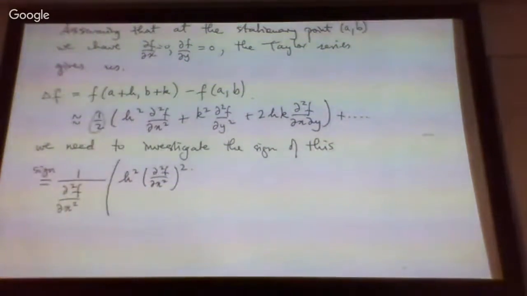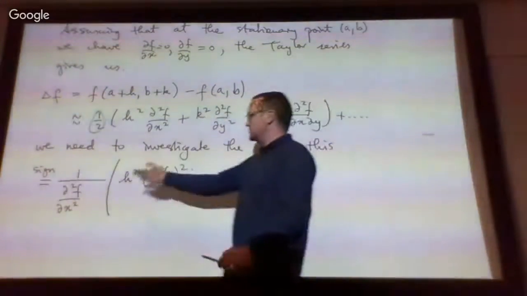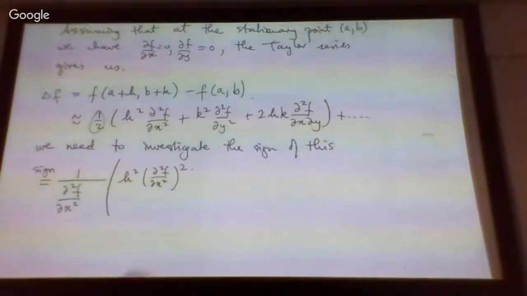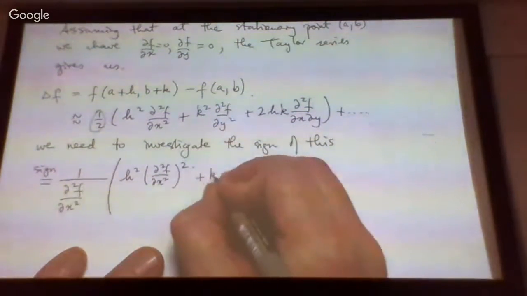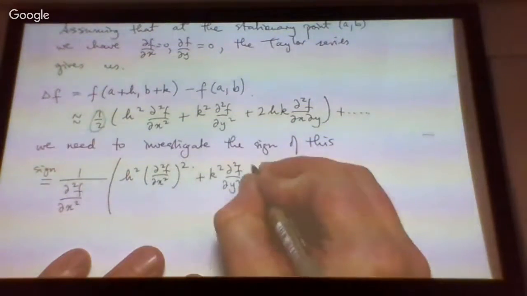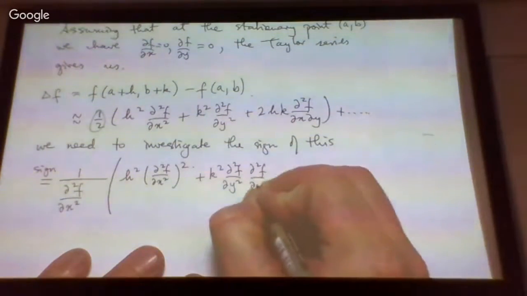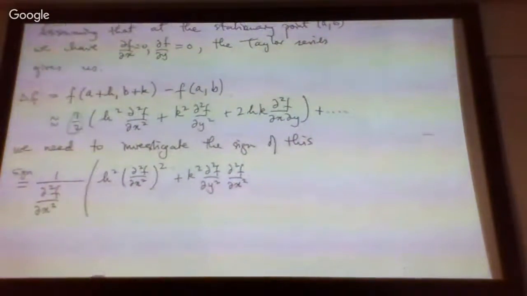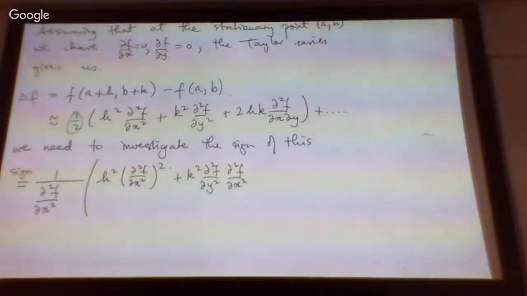Okay? So I'm dividing out by it, so to compensate, I better multiply by it. And then I'm going to have k squared times d2f dy squared multiplied by d2f dx squared. Because again, I'm dividing out by it, so I need to multiply it by it to compensate.